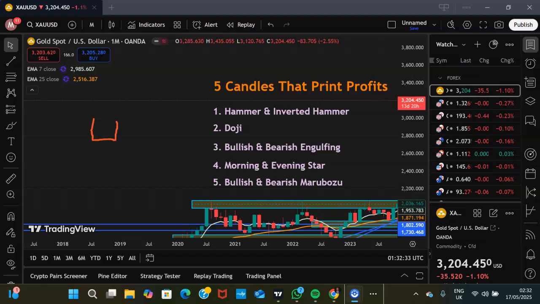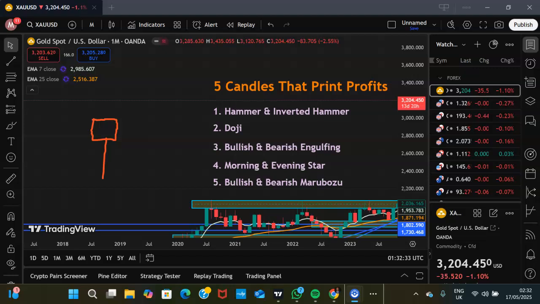And now, just like the name implies, when you hear the hammer pattern, we have something that looks like this, where you have a long wick, and then you have the body of the candle, where the body looks like the hammer head, and then you have the tail, which looks like the handle.